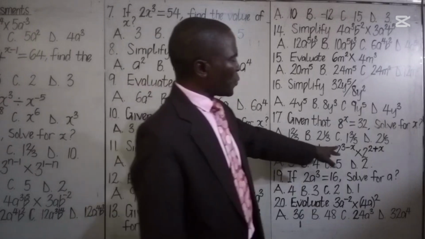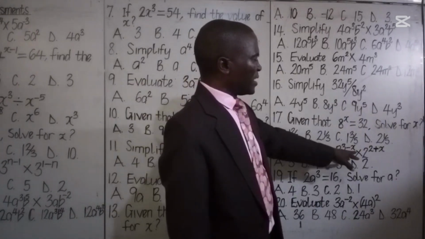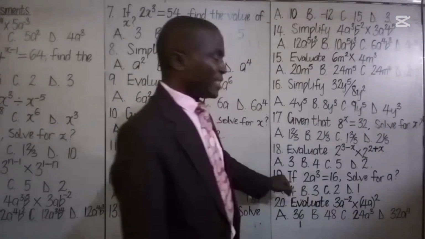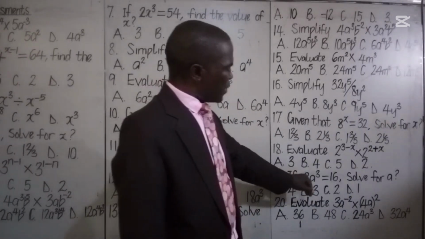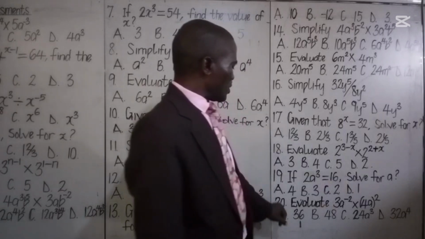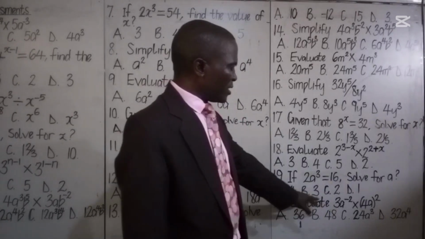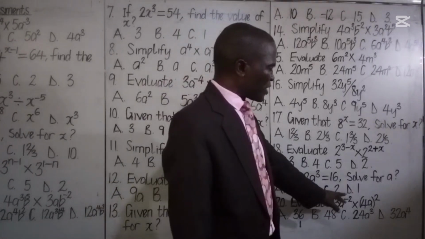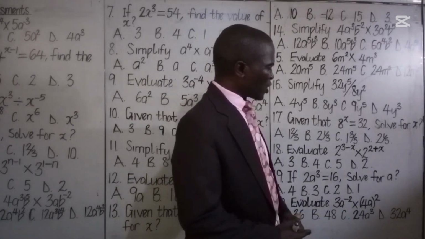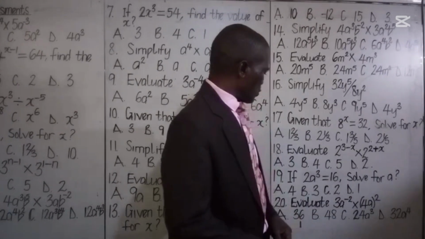Evaluate 2 raised to power 3 minus x times 2 raised to power 2 plus x. 19. If 2a raised to power 3 is equal to 16, solve for a. 20. Evaluate 3a raised to power minus 2 times bracket open 4a bracket close raised to power 2.